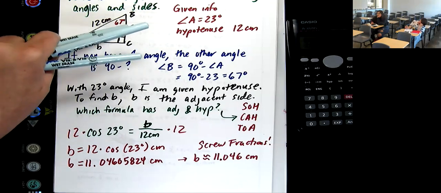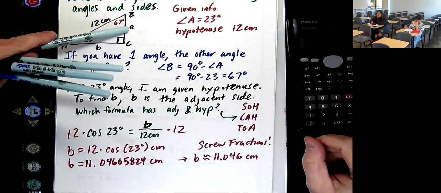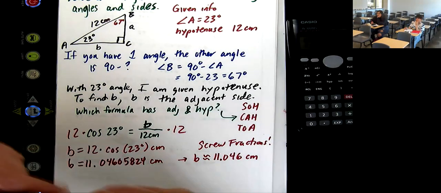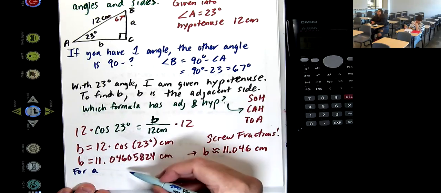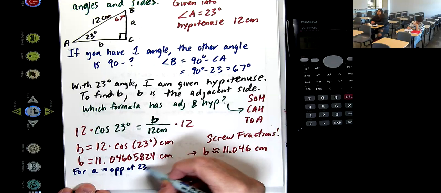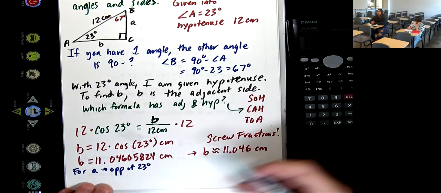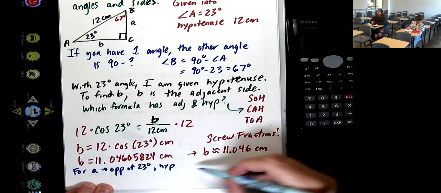And now if I want to find A, I have a couple options. The best option for A is to use the trig function that finds A. So for A, little a, which is the opposite of 23 degrees, I want to use opposite and hypotenuse.